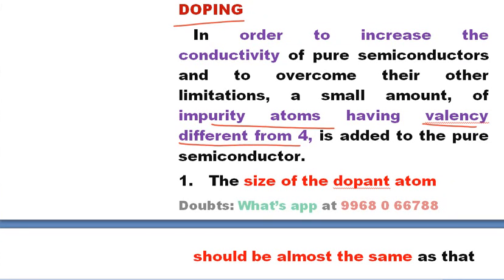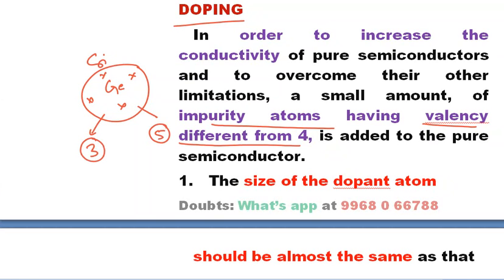As our intrinsic semiconductors like silicon and germanium have a valency of 4, we have to add a different element which has valency 3 or 5. A trivalent or pentavalent impurity must be added to an intrinsic semiconductor to achieve a particular conductivity or a particular number of charge carriers.